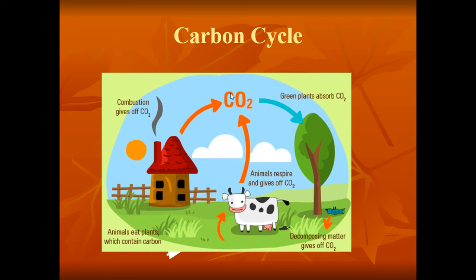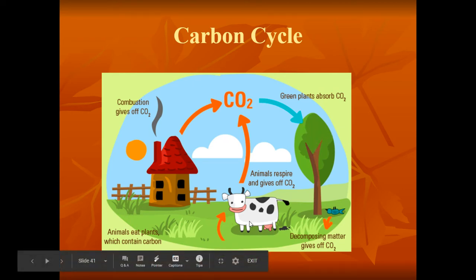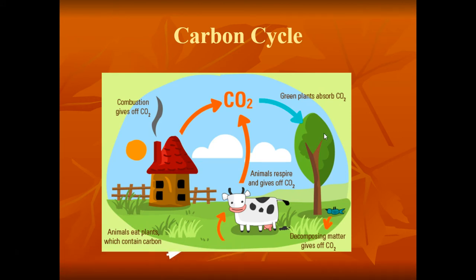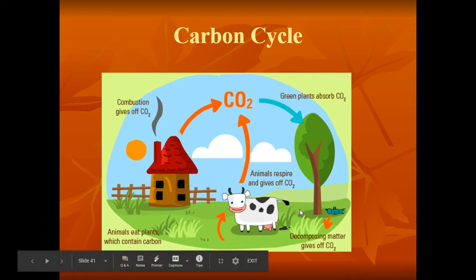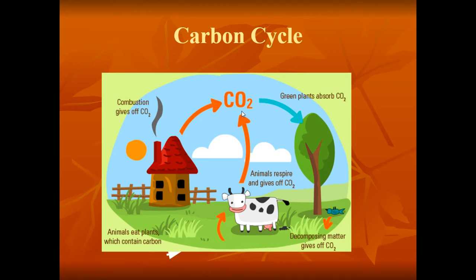So if we have carbon dioxide in the air, it gets absorbed by our plants, our trees and our grass and all that, and that is used to make sugar, which is stored in the plants and in the leaves, which animals, some of them eat, and that's how they get their sugar. They eat that sugar, and then they use that to go through cellular respiration. And of course, we remember that they give off and breathe out CO2. Okay, and that's how that ends up in the air.